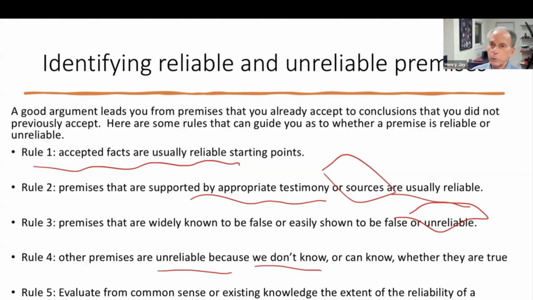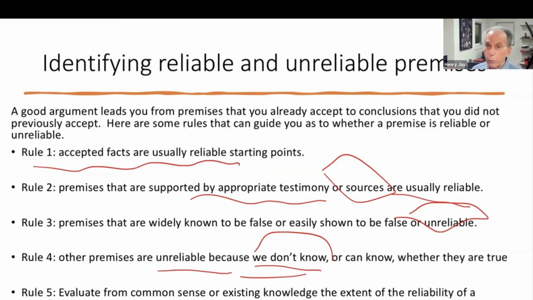For example, a world government would be a horrible government. Well, we don't know about that. Or you can evaluate from common sense or existing knowledge. And so the tooth abscess: well, it makes common sense. If you have a tooth abscess, most likely you need a root canal.